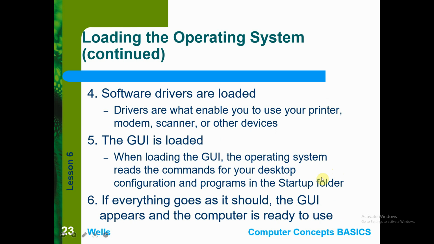If you have time to explore your program files, there is a folder called startup. And also in the settings of your OS, you can check the startup settings to check or uncheck which configuration and programs you would allow to run.